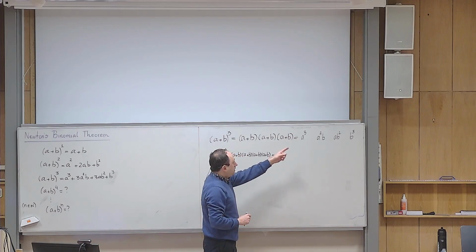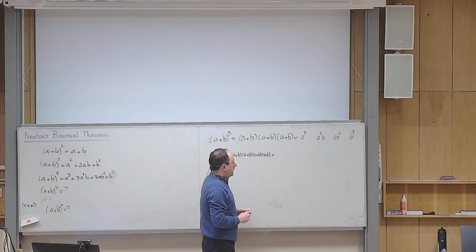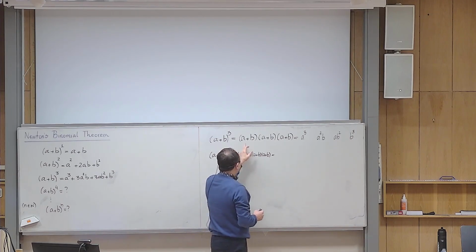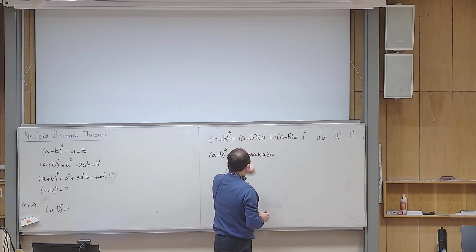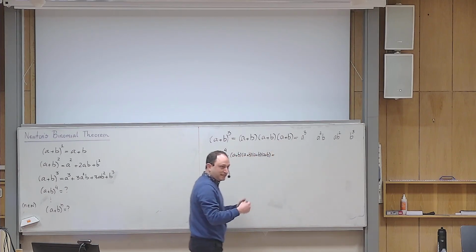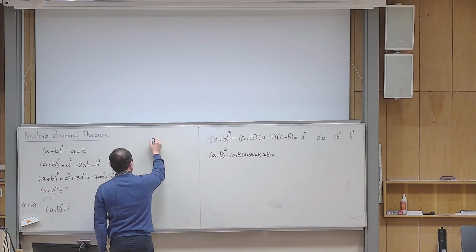But how do you think I get a squared b? A squared means that a has been chosen 2 times in these 3 and b has been chosen once, yes? So this means that, for example, from this one I choose a, from this one I choose a, but from this one I choose b. Yes, it gives rise to a squared b. Do you agree?